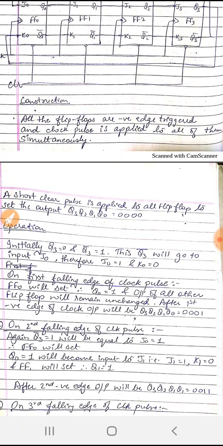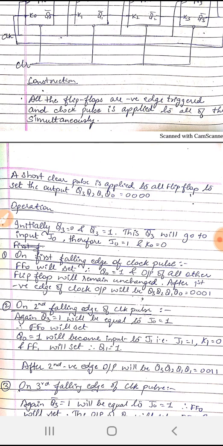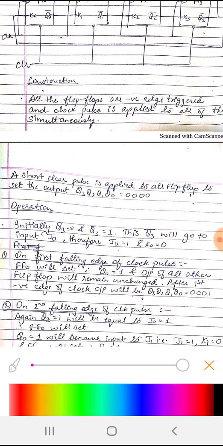So this is the construction. The flip-flops are negative edge triggered, as we have already seen what is negative edge, and the clock pulse is applied to all of them simultaneously. So initially all of them have zeros, so it will be 0 0 0 0.